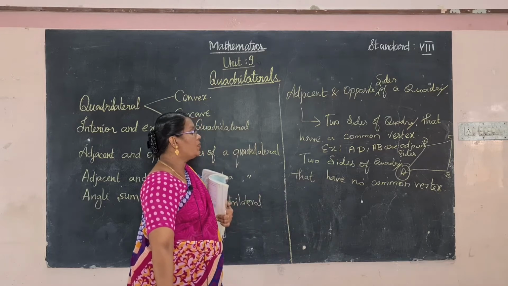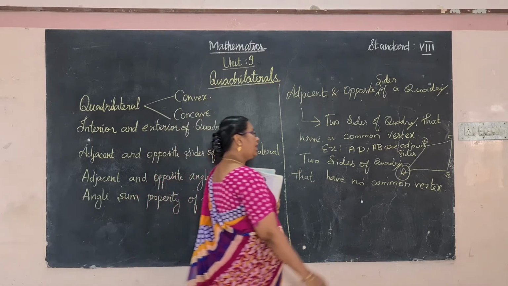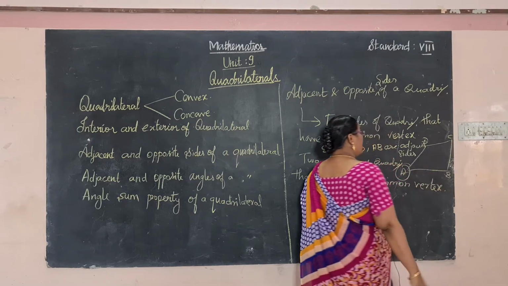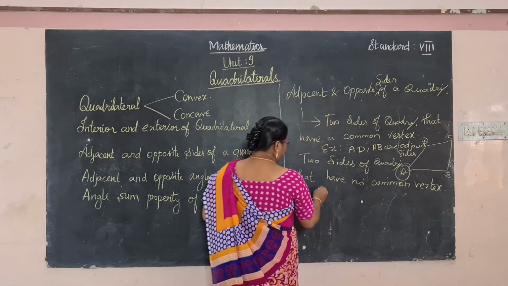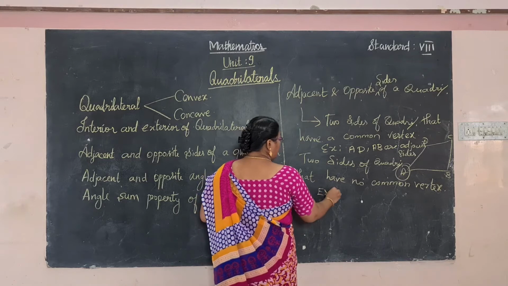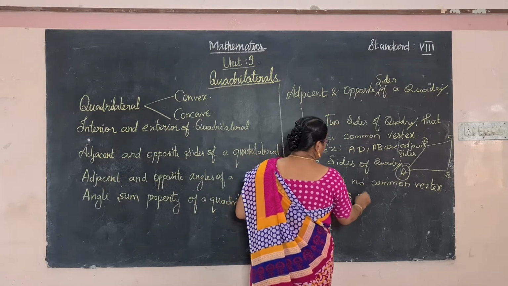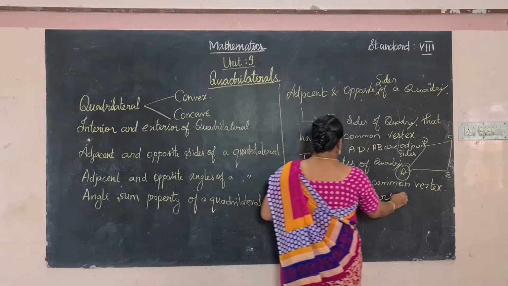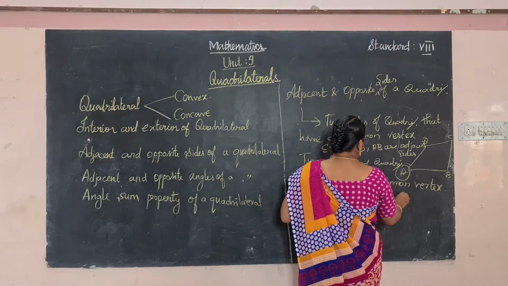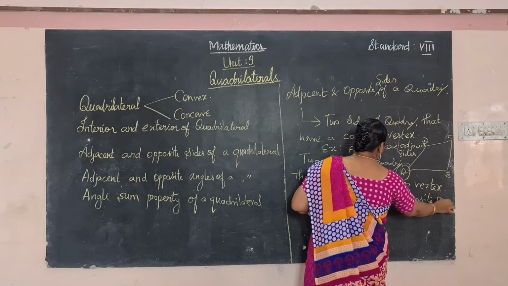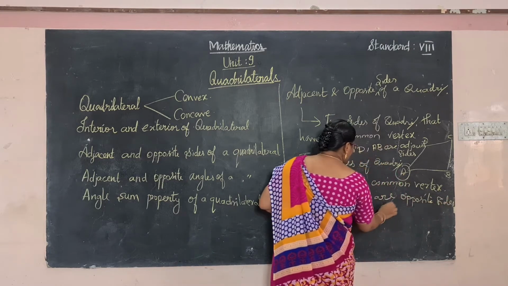That is called the opposite sides of the quadrilateral. Here, from this diagram, example: AB and DC are opposite sides of the quadrilateral.